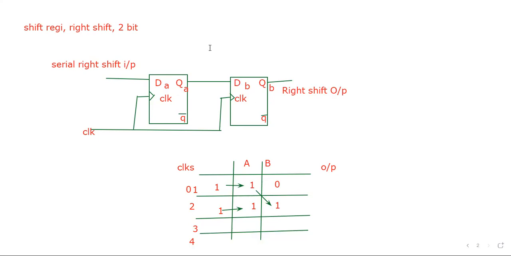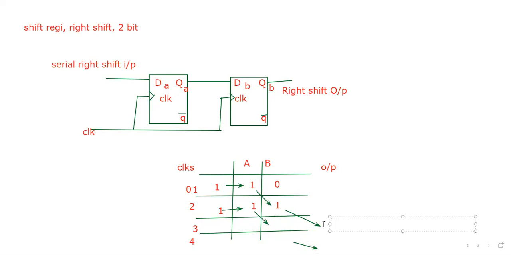At the third clock your output would be here, and B will be over here. There is just a shift of data according to the clock.